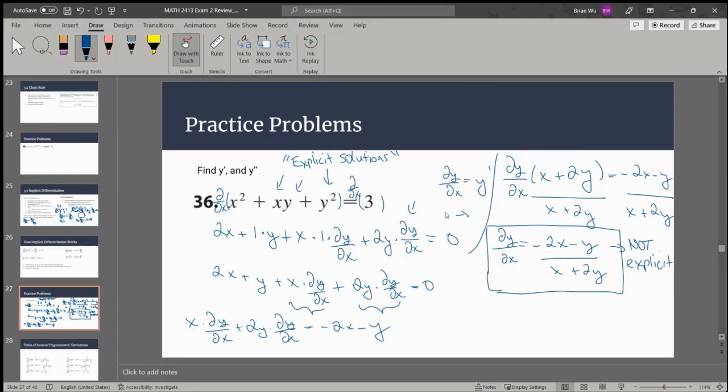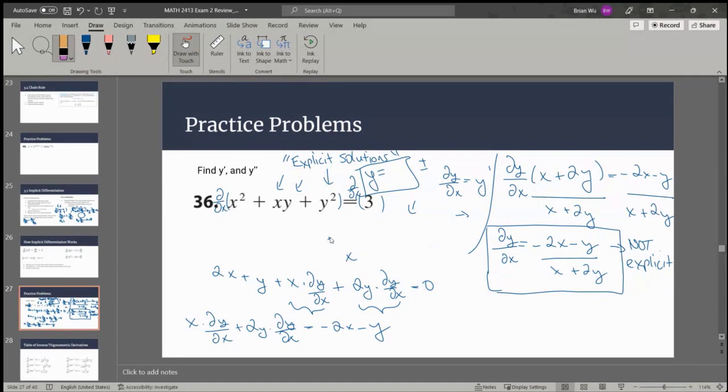If your original equation allows you to solve for y, you can substitute it in. But in this case, because it's not really possible, because you get a plus or minus equation for y, we're not going to do it for this question. And plus, it also doesn't ask. Okay, so I'm going to make some room.